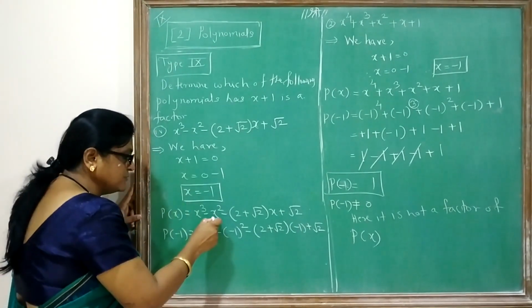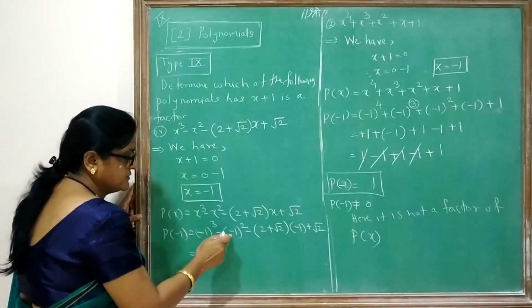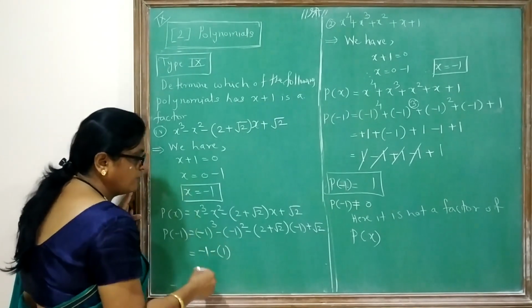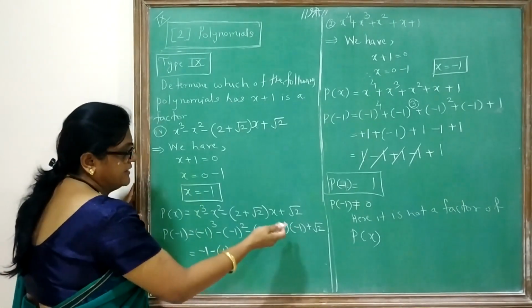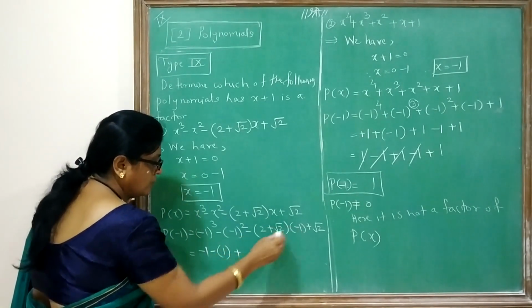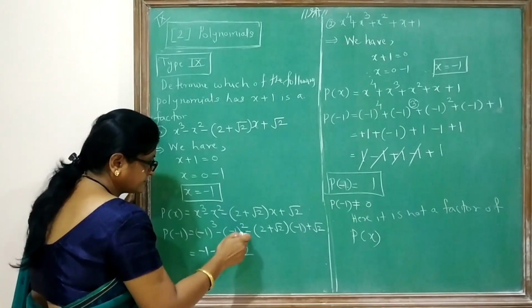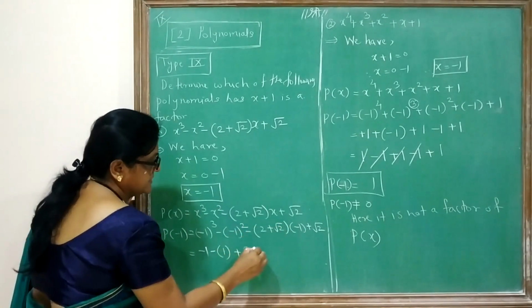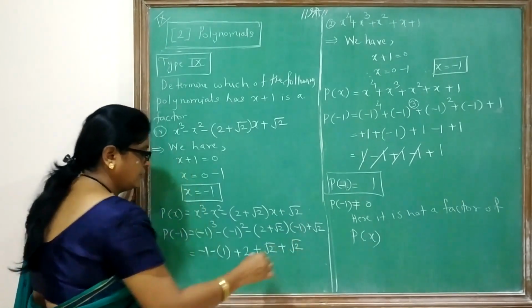Then minus 1 whole bracket cube is minus 1. Minus sign will be same. This minus 1 square is plus 1. Here minus will be plus and 1, then you will get the same numbers, 2 plus root 2. Then plus root 2.